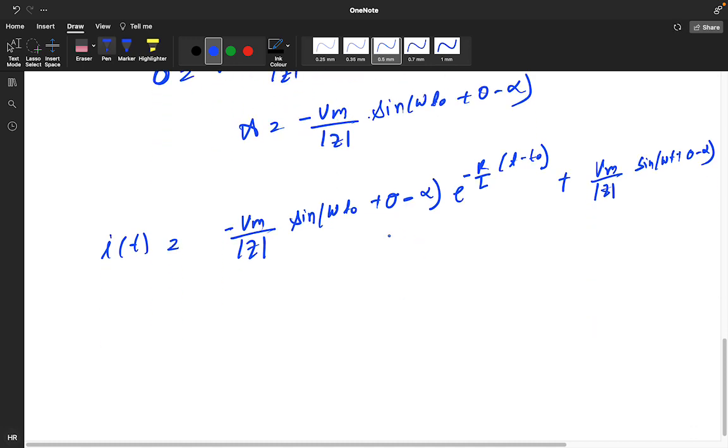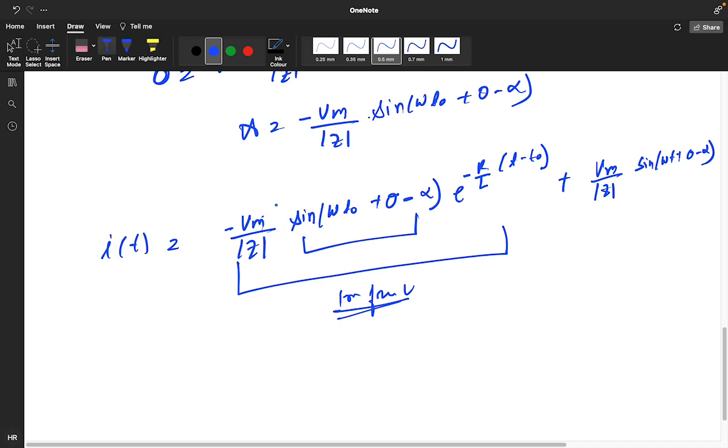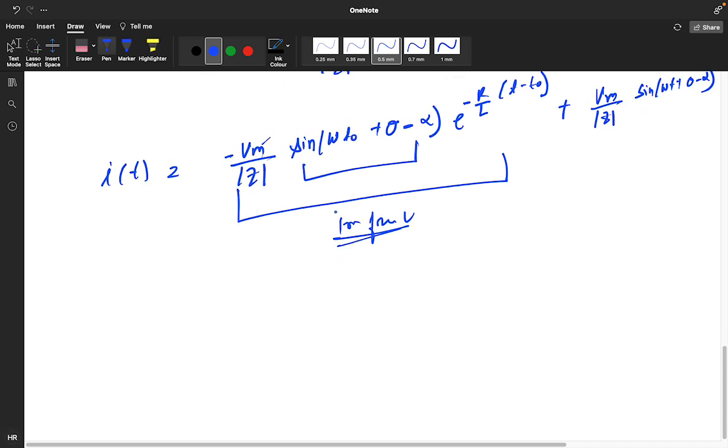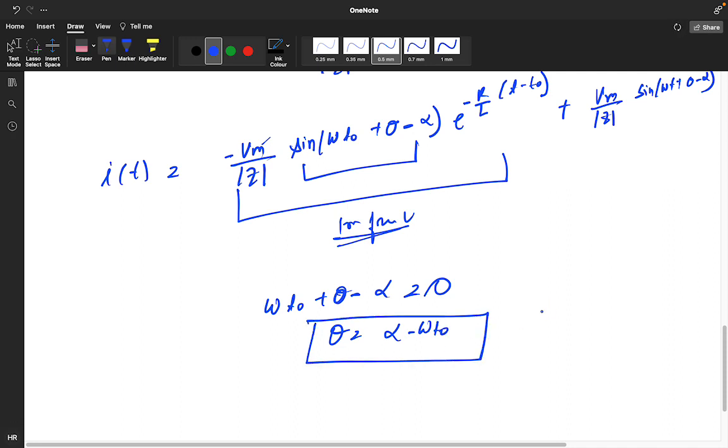Now if anyone asks you to make it a transient free response, you cannot change this value, you have to make this value 0. So what will be the case? Omega t naught plus theta minus alpha equals 0. So your theta value should be equal to alpha minus omega t naught, and alpha you know, that is tan inverse omega L by R, minus omega t naught.